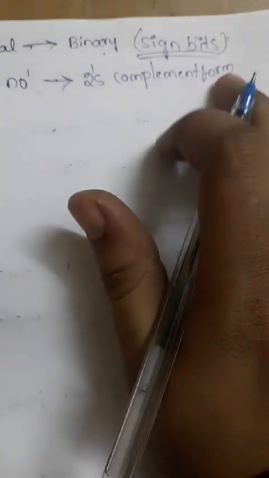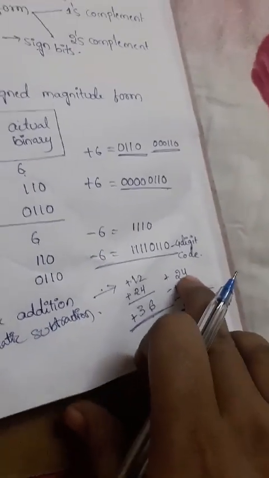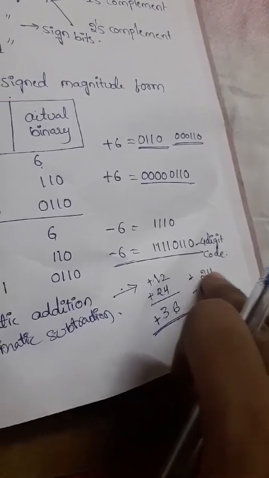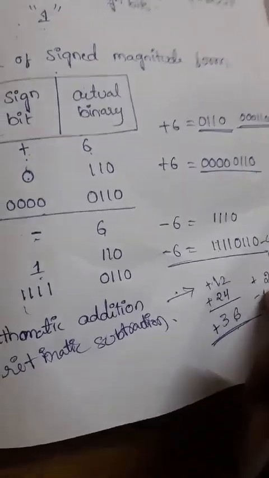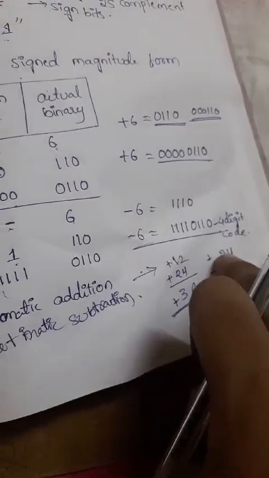After that, whatever result we get, that result will be added to the previous number, the larger number. Then only we get the result.